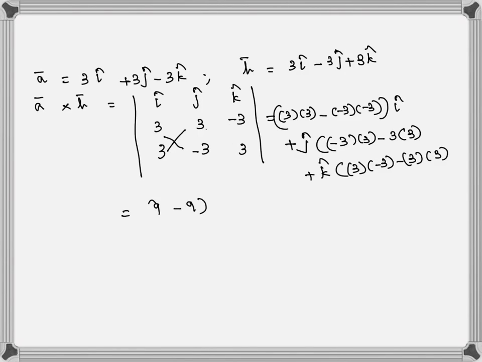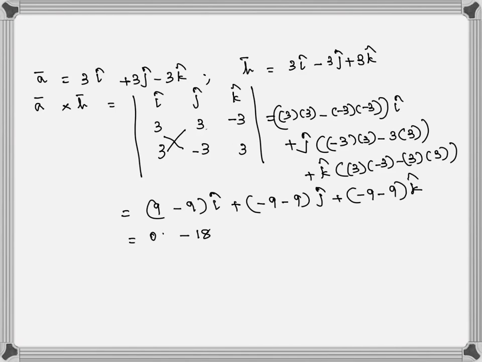If we complete that, it will become (9 minus 9)i plus negative 9j plus negative 9k. So it will become 0i minus 18j minus 18k. That is A cross B.